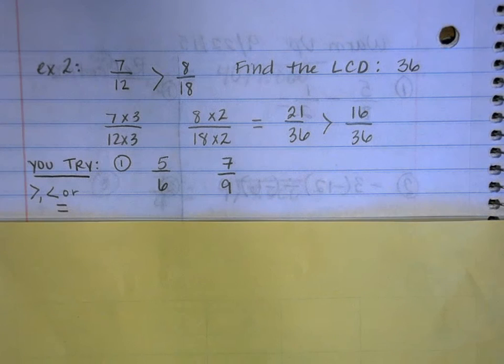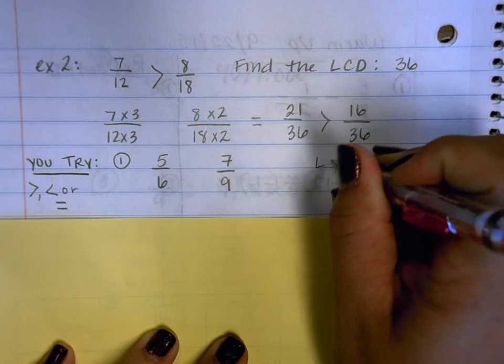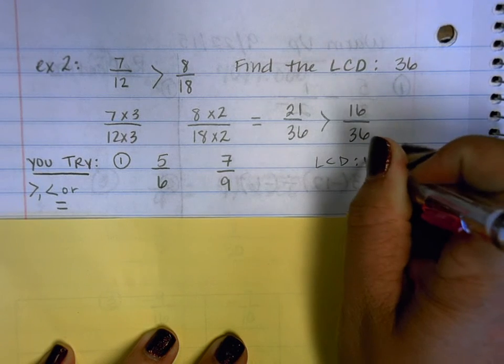So a common denominator between 6 and 9, first I start by doubling 6. So I get 12. Does 9 go into 12 evenly? No. Triple 6. 6 times 3 is 18. Does 9 go into 18 evenly? Yes. So we know our LCD is 18.